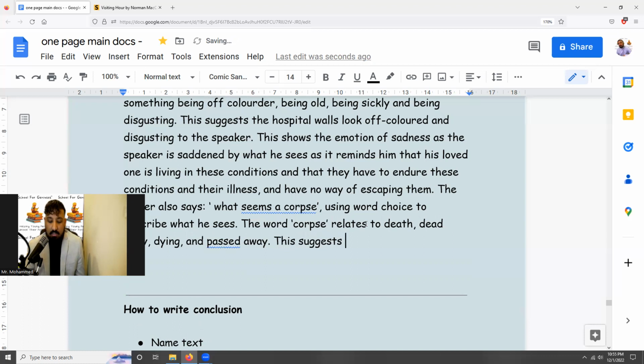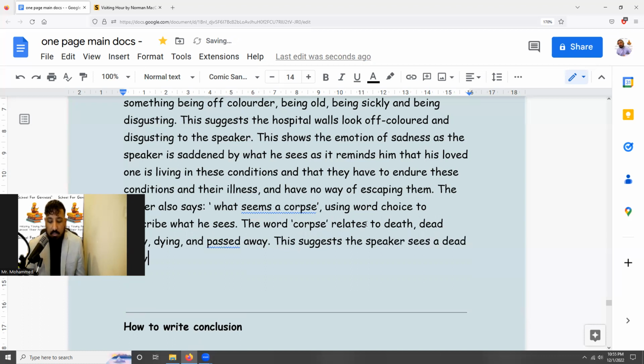This suggests the speaker sees a dead body. Excuse me. Okay, and then I'll just say a person who used to be alive, but has now passed away. All I did was I just used two of my connotations. And again, if you're not sure about this, go watch the word choice lesson in the RUAE section.